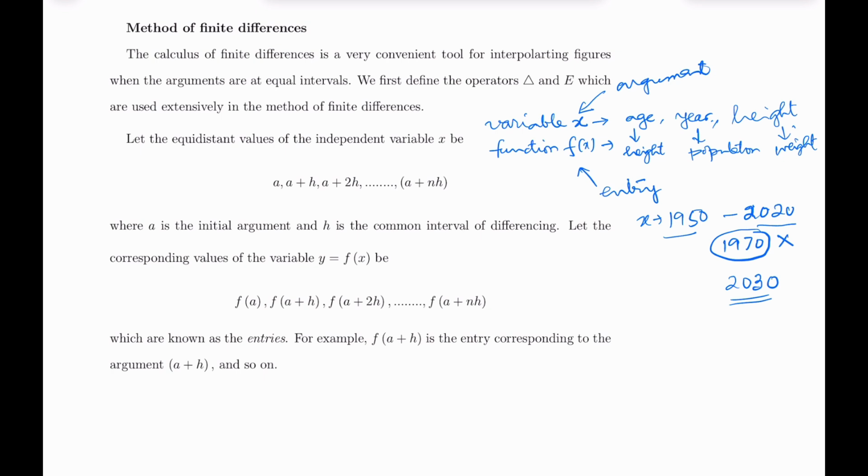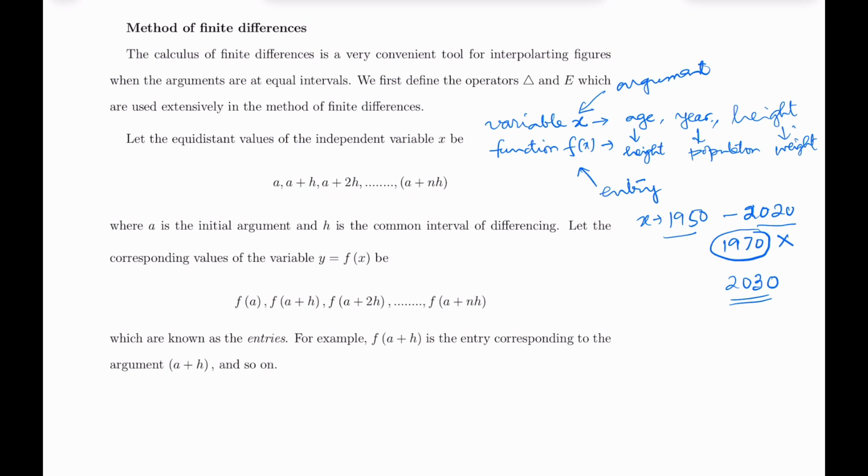Assume that the equidistant values of the independent variable x be a plus h, a plus 2h, a plus 3h and so on up to a plus nh. So these are the different arguments which are equidistant from each other. The difference between two successive or consecutive values of the argument is h, as can be seen from here.